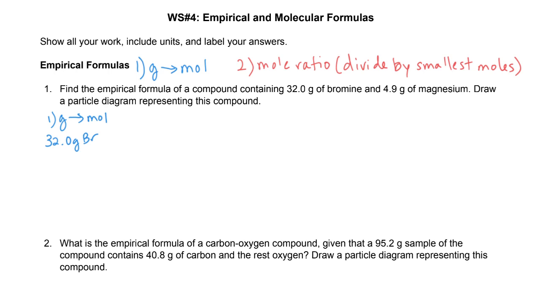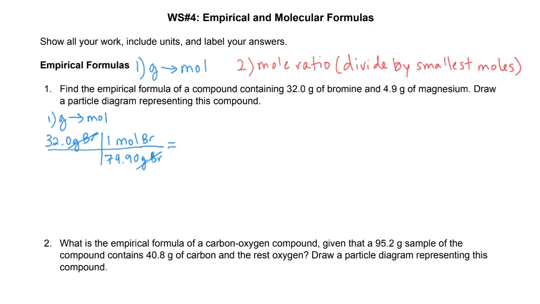So when I looked up the periodic table, I looked up bromine, and I found it has a molar mass of 79.9 grams per mole. So I'm going to set up my train tracks here. And because I know that I'm starting with grams and ending with moles, I want to write the 79.9 grams on the bottom of my train tracks so that my grams will cancel and I will end up with moles as the units for my answer.